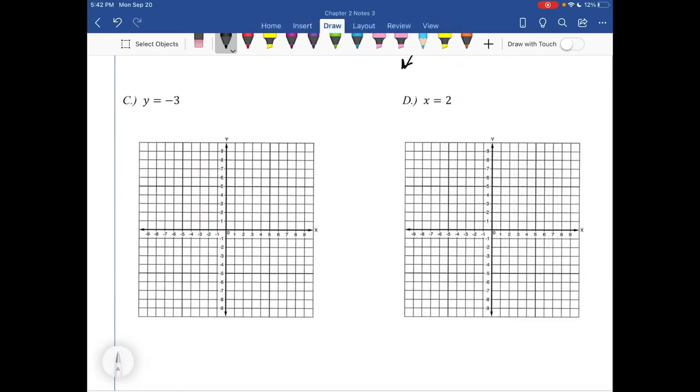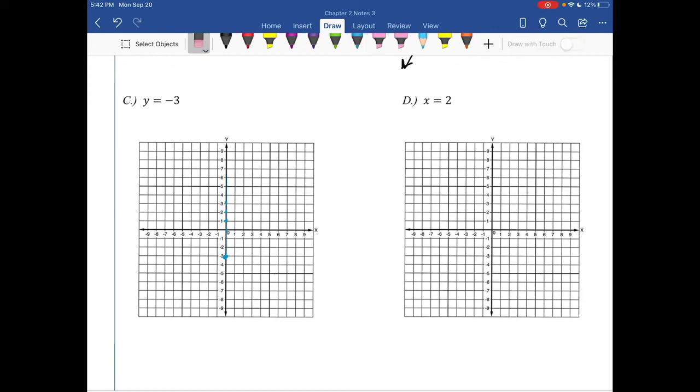Now let's look at some equations that do not have slopes. Here we have y equals -3. That means that there's no x value to plug in. Therefore, at any point on the graph, y has to be going through the value of -3. If we were to draw the line going up, well, notice here, y is 0. Here, y is 1, 2, 3, 4, 5.